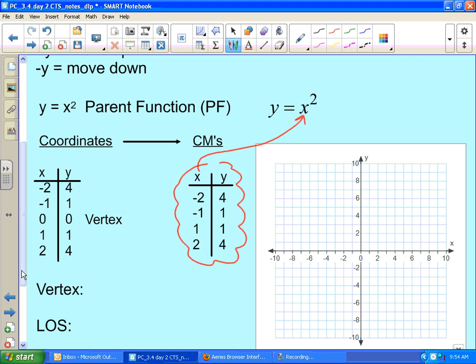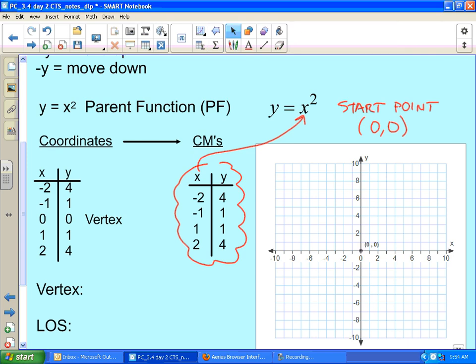So if we graph a parent function, first of all, the parabola has a unique starting point at the origin. Plug a 0 in for x, you get a 0 for y. So it has that starting point of 0, 0. And from that starting point, I would go left 2 up 4, left 1 up 1, right 1 up 1, and right 2 up 4.